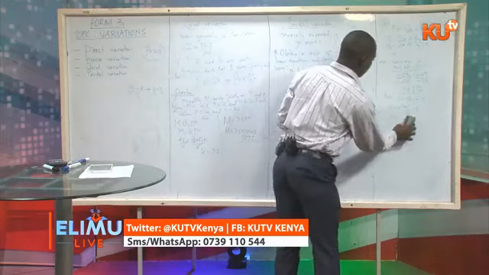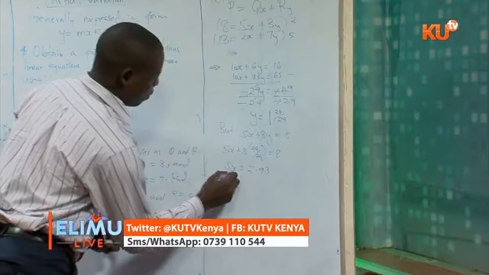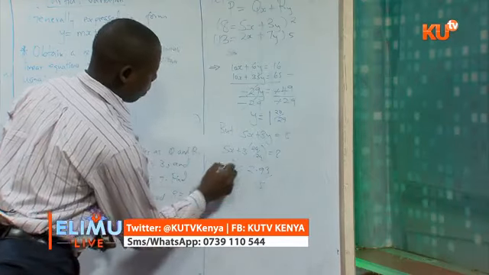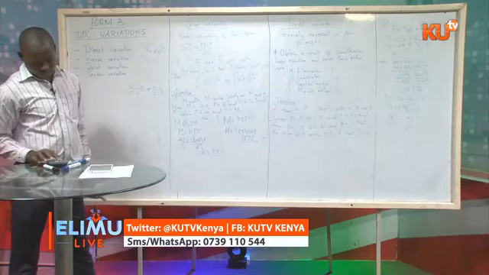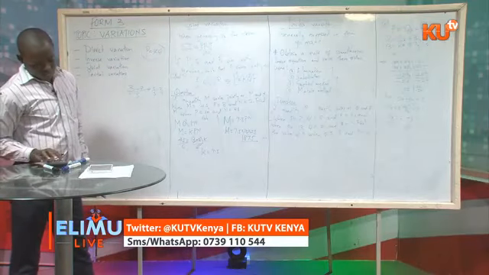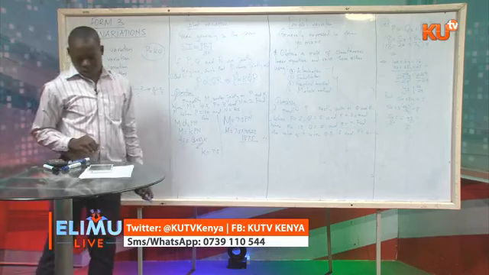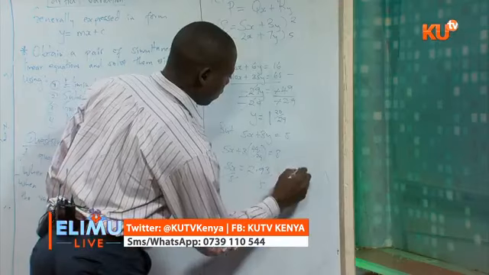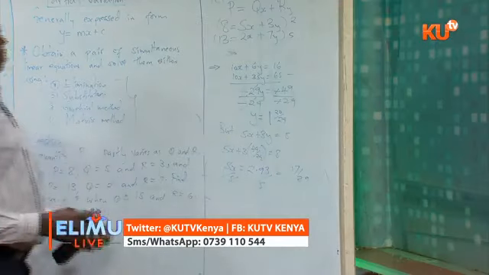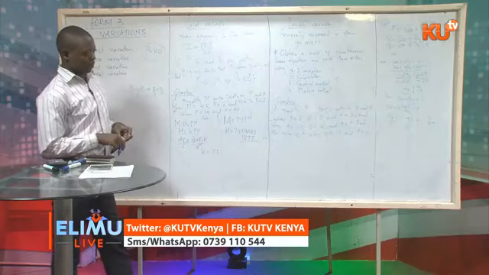So 5X will be 2.93. And so we divide by 5, then our X is 0.59, which is 17 over 29. So that is the value for X and Y.